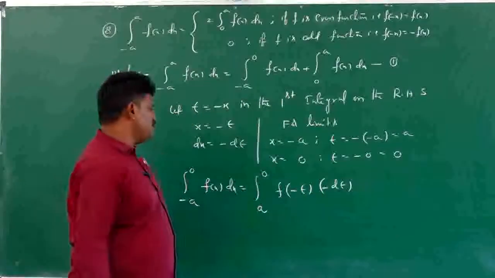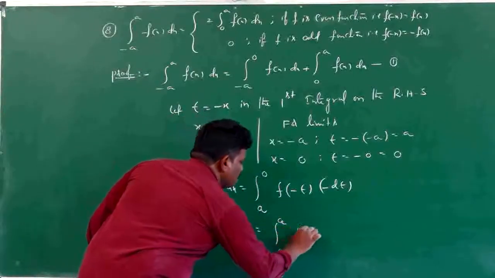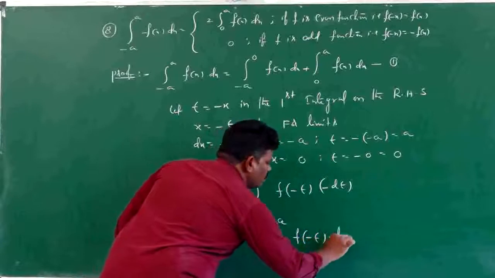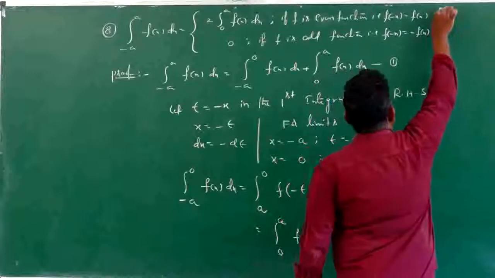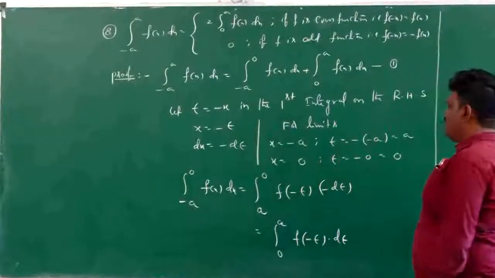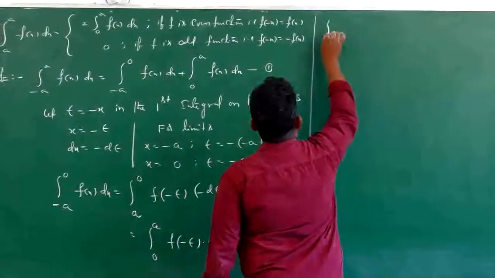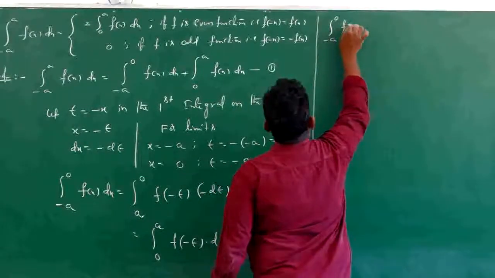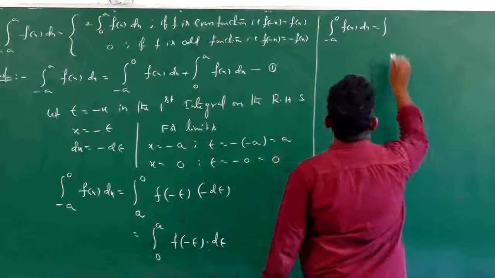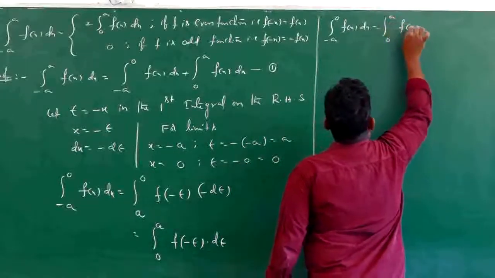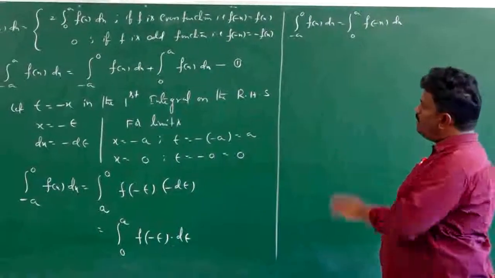Negative and negative become positive, so if you interchange the limits, it is integral 0 to a of f of minus t dt. Now applying the first property, we can write the t variable as x, so integral minus a to 0 of f of x dx is equal to integral 0 to a of f of minus x dx.